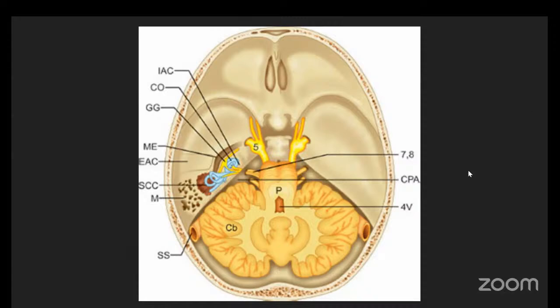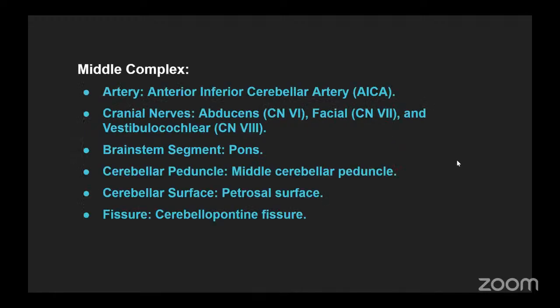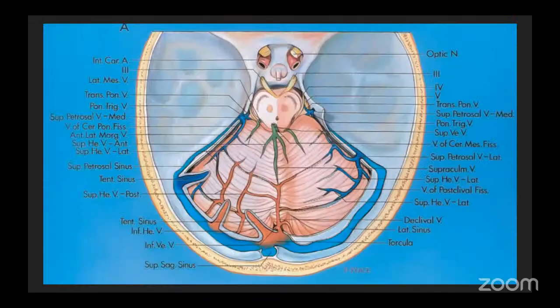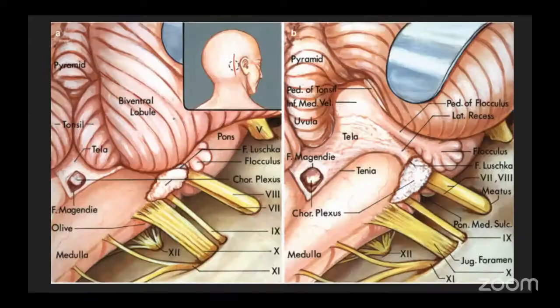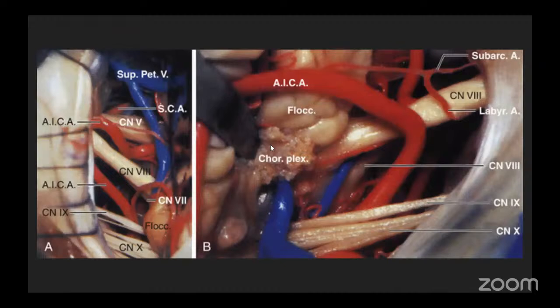I think there was an image demonstrating this. If you take a look here, this is the view you're going to get during the retrosigmoid approach. It's going to penetrate dura, and then Meckel's cave is going to be right behind it. You will not be able to see it. Is that clear?